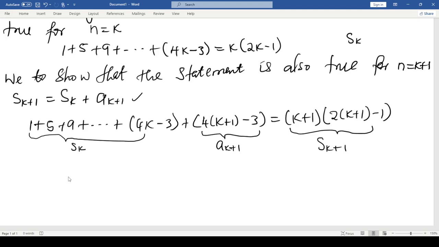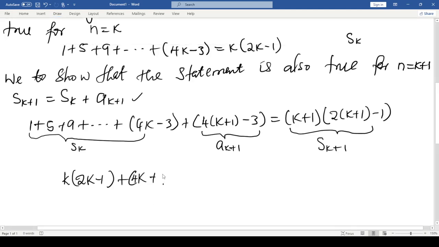So here we're going to get our k open brackets 2k minus 1 plus if we expand this new term that we've added there, that's going to be open brackets, that's 4k plus 4, so 4k plus 4, let me just erase that and write it nicely. Okay, so here we have our 4k like this, plus 4 minus 3 like this, being equal to this side.